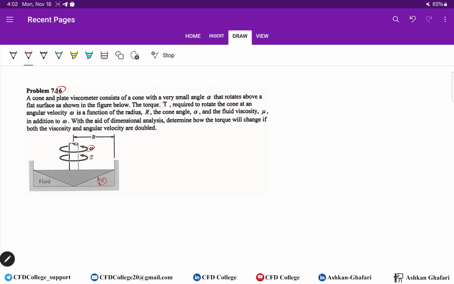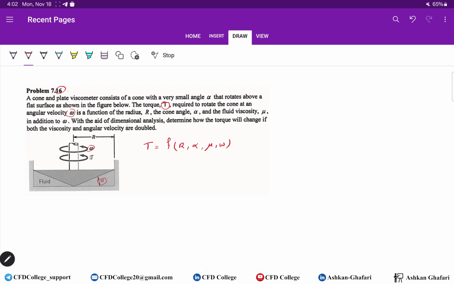The torque required to rotate the cone at an angular velocity of omega is a function of radius, the cone angle alpha, and the fluid viscosity mu, in addition to omega. So we have omega also.